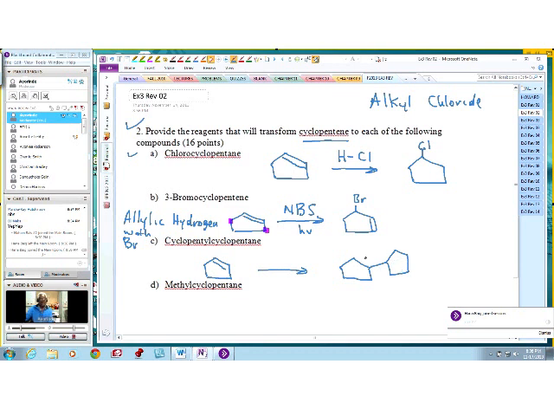How do we do this? We are forming a new carbon-carbon bond, so this must be a multi-step process. What I need you to ask yourself is, what are the reagents that you know that will form new carbon-carbon bonds?